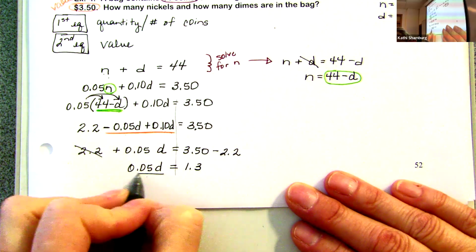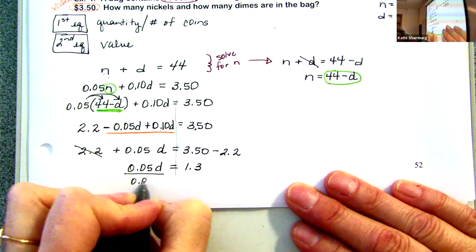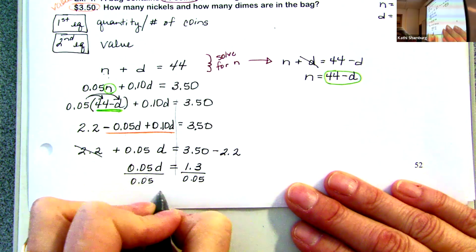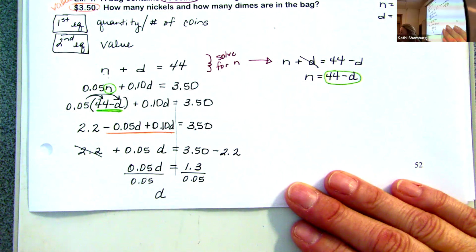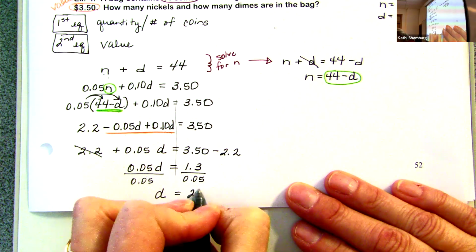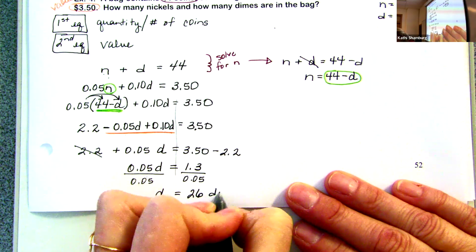Now we're going to divide both sides by 0.05. So D, which don't forget, is the number of dimes because it's no longer associated with the value. What's 1.3 divided by 0.05? 26. Okay, so this tells us we have 26 dimes.